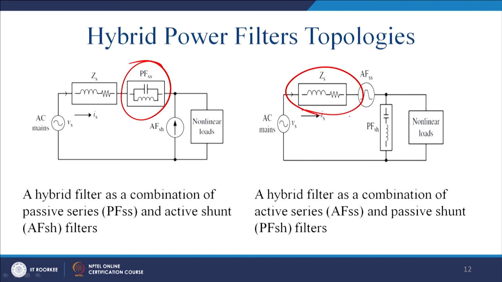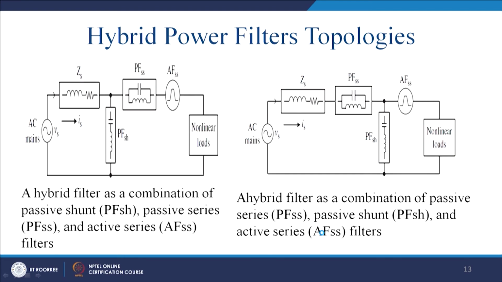Similarly, this one is an active series and the passive shunt. This hybrid filter is a combination of the active series and the passive shunt. So, all the permutations and combinations are possible here.